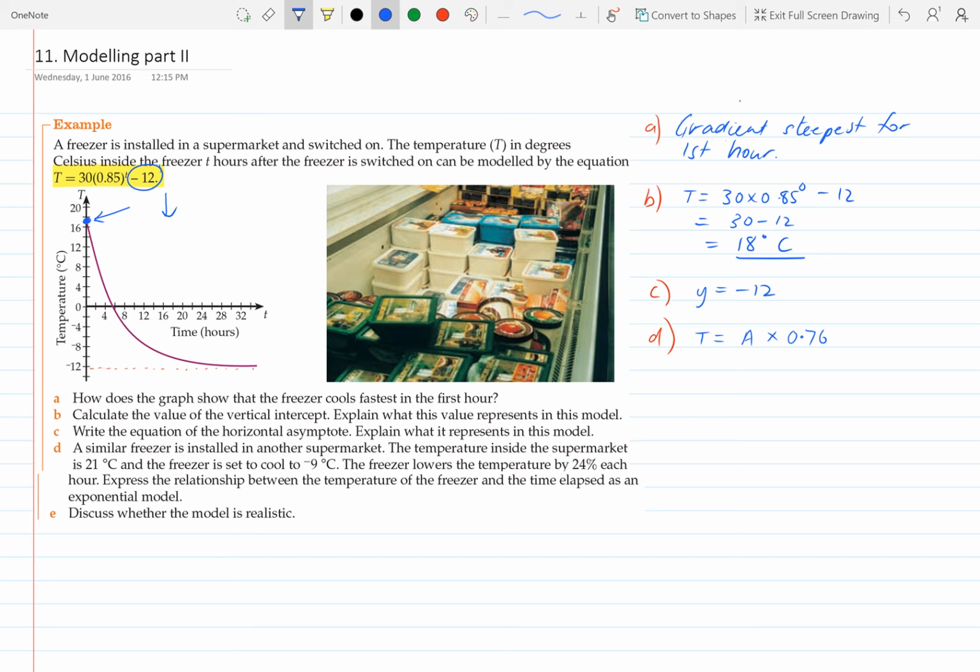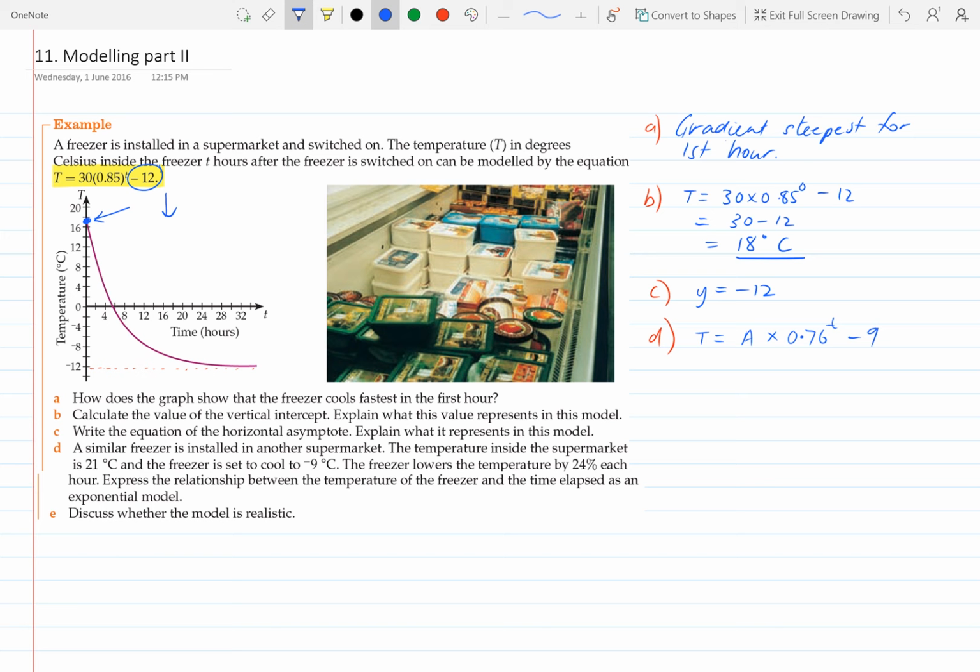That represents a 24% decrease, to the power of t, our time, and that's going to have an asymptote at negative 9 degrees because it's set to cool to 9 degrees C.